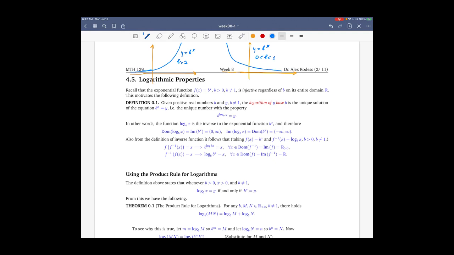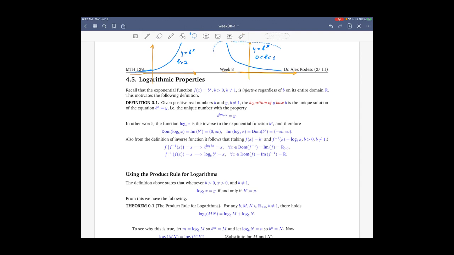Any exponential function with base greater than 1 or base between 0 and 1 is injective. And if you view it from the real numbers to the set of positive real numbers, it has an inverse called the logarithmic function.